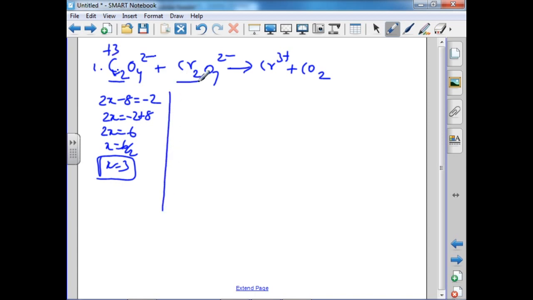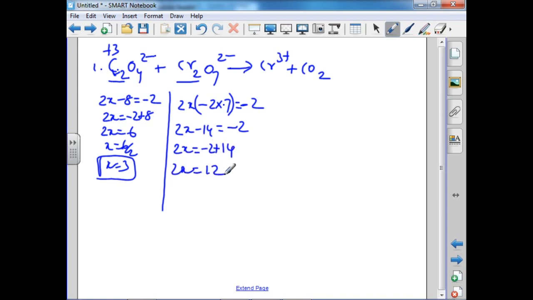Next, chromium in Cr2O7 2-: 2x minus 2 into 7 equals minus 2, 2x minus 14 equals minus 2, 2x equals minus 2 plus 14, 2x equals 12, x equals 12 divided by 2, x equals 6.